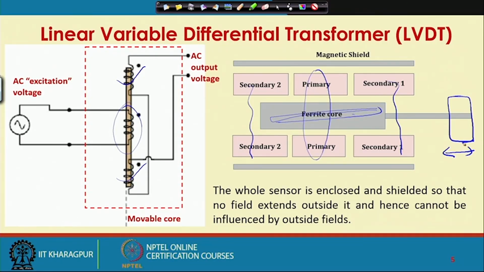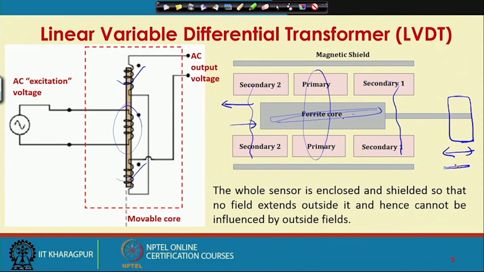As this object shows displacement, this ferrite core will be moving in this direction or in this direction. So, different parts of the coils will be affected, and that will produce different voltage. That voltage is proportional to the displacement of the object.